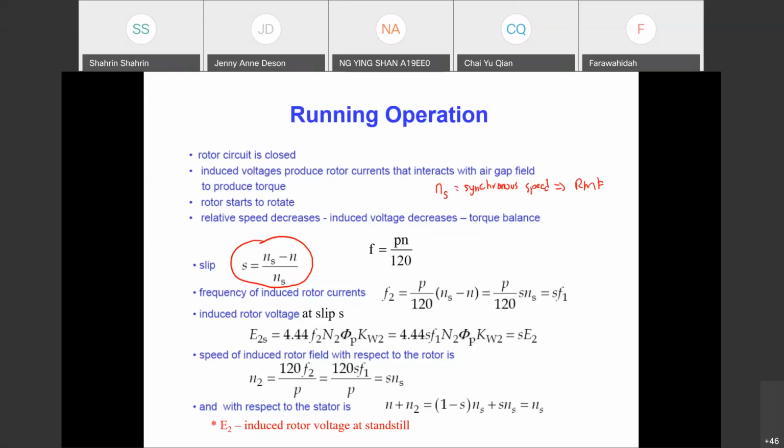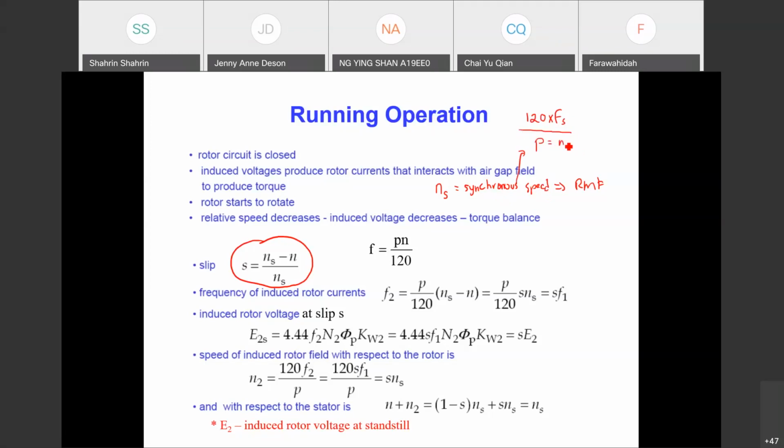It looks like it is rotating inside the stator, and the speed of this rotating flux is called the synchronous speed. This synchronous speed can be computed using this equation: 120 multiplied by the supply frequency over P.